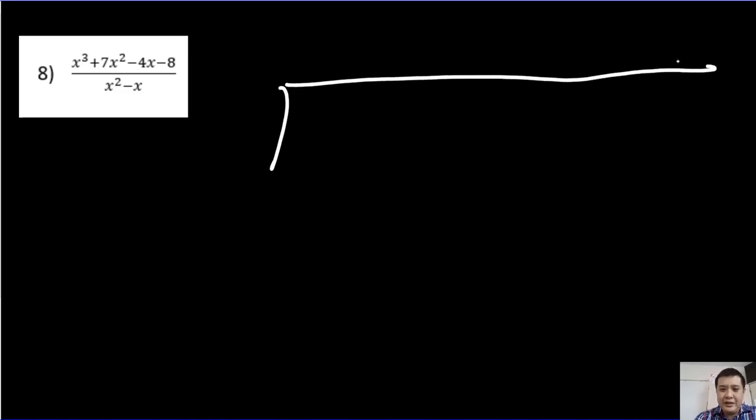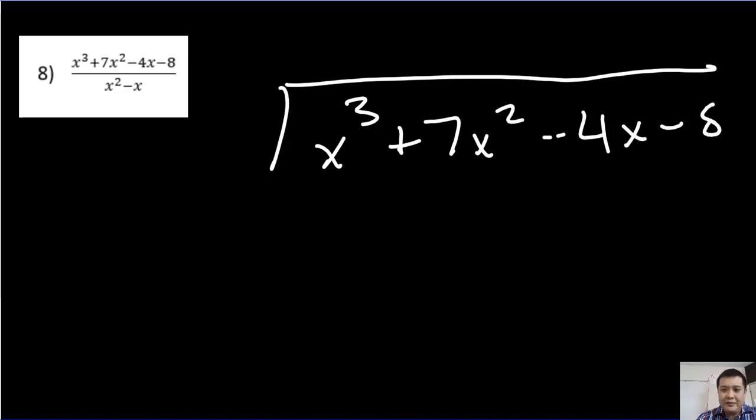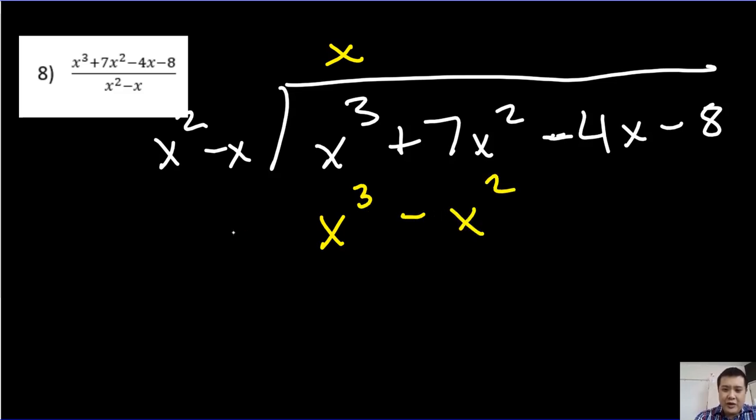Here we have a much larger one. This is going to take multiple steps. So we've got x cubed plus 7x squared minus 4x minus 8 divided by x squared minus x. Here x squared, x cubed, which means we're going to do x. It's going to be x cubed minus x squared. Subtract both of these.